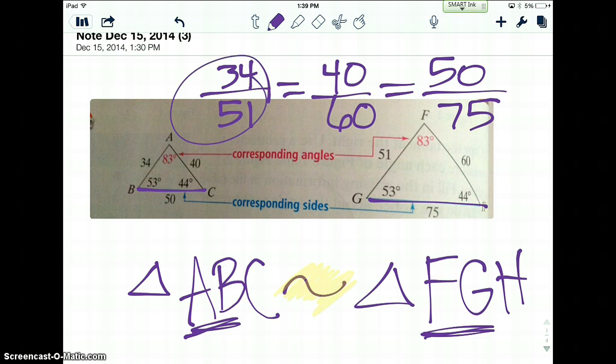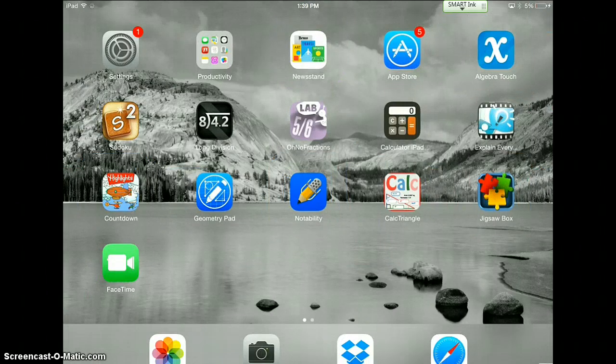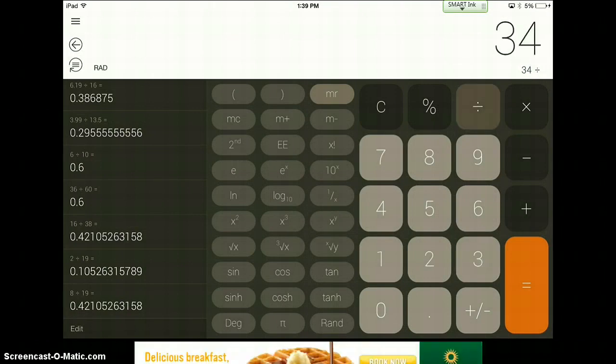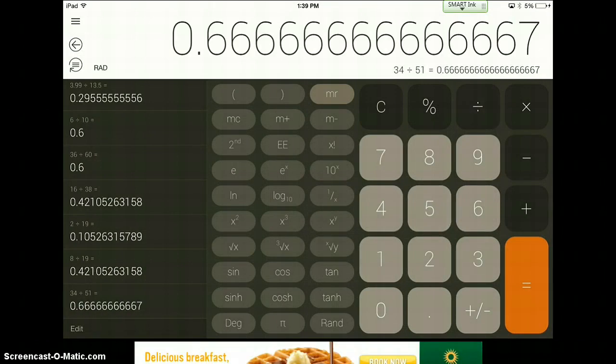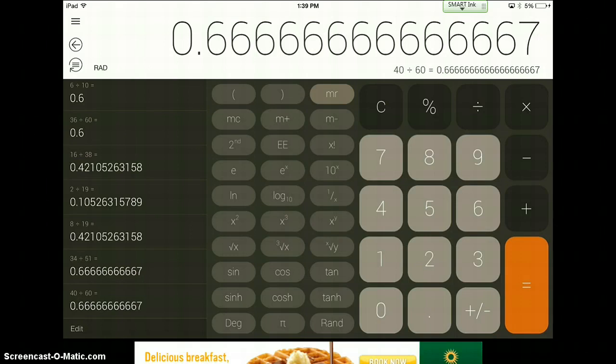Well, if we were to actually calculate these out on a calculator, let's see. I just want to show you that they are. If I take 34 divided by 51, I'm at 0.6 repeating. If I take my next one, 40 divided by 60, I should get the same thing, and I do.